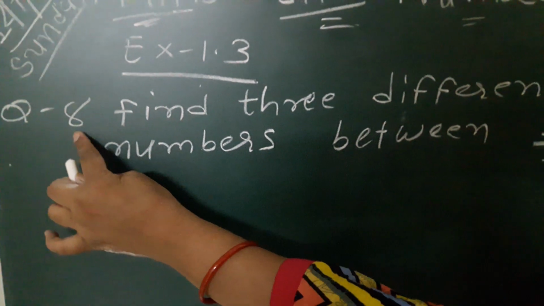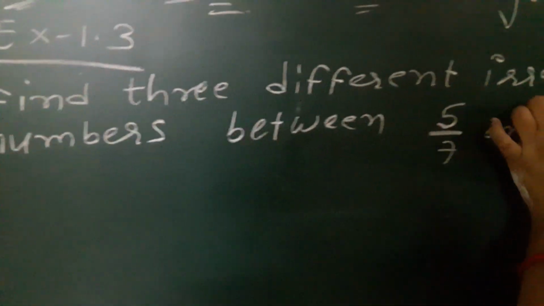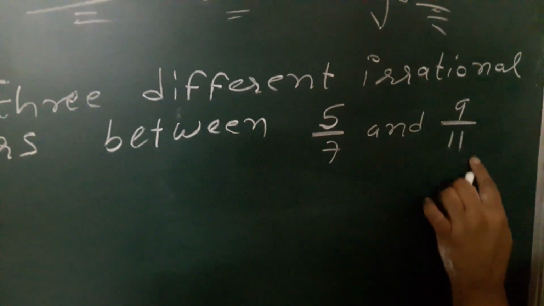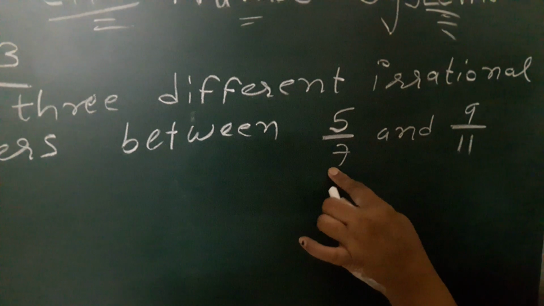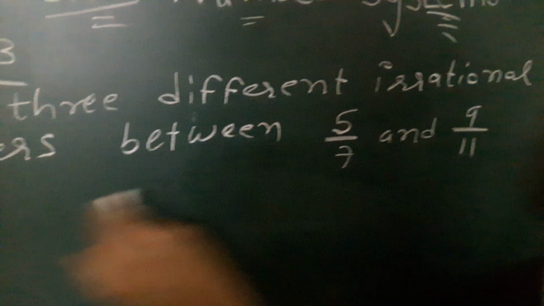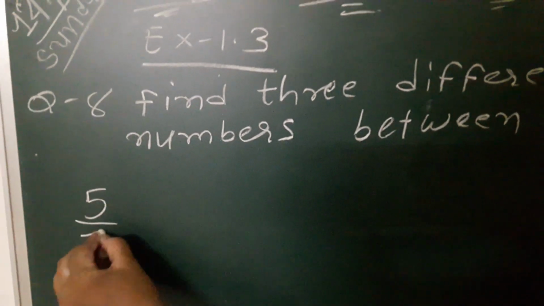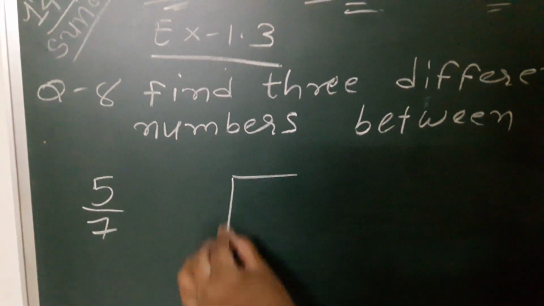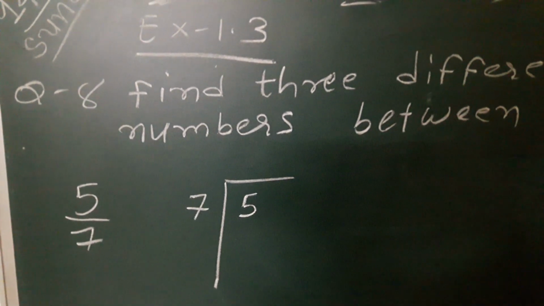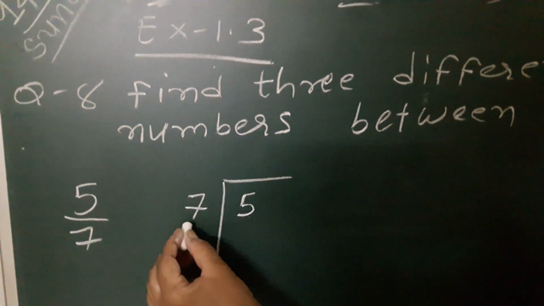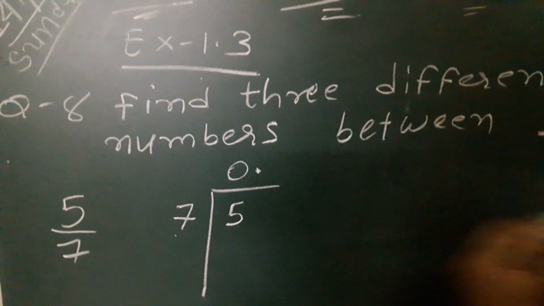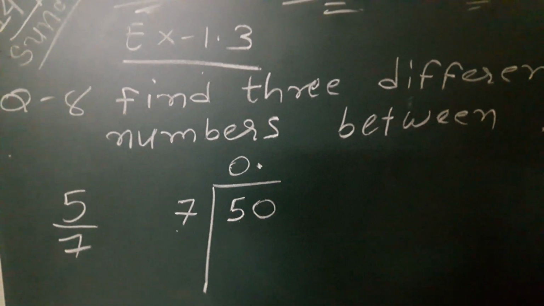In question number 8, find three different irrational numbers between 5 by 7 and 9 by 11. So first of all, we convert these rational numbers into decimal form. 5 by 7, that is 5 divided by 7. 5 is less than 7, so here we put a decimal point and put 10.